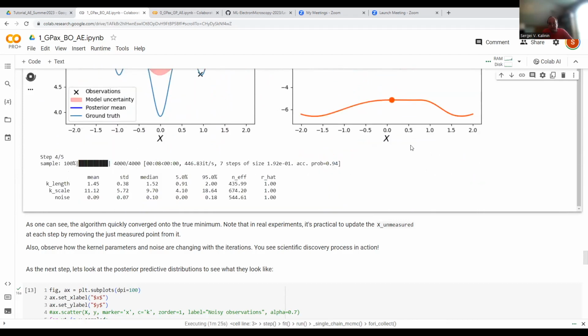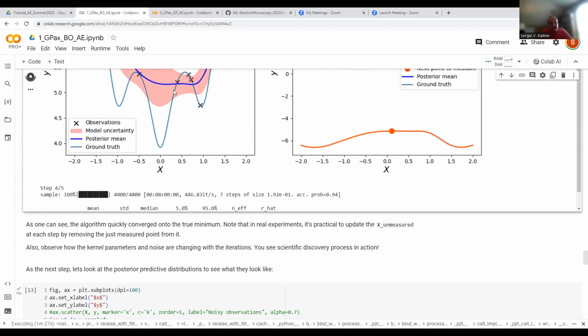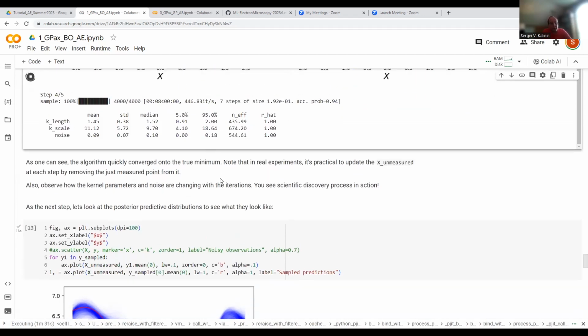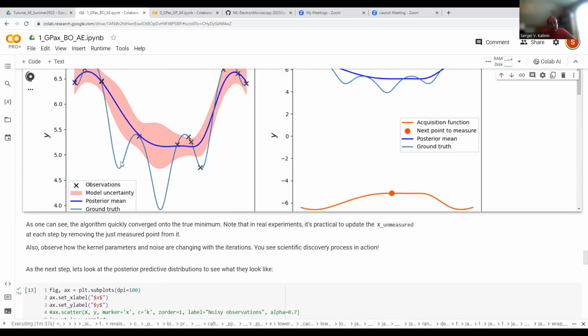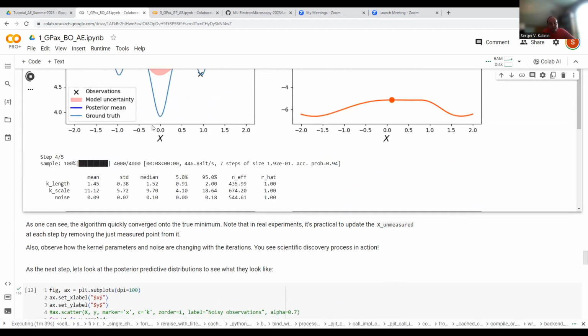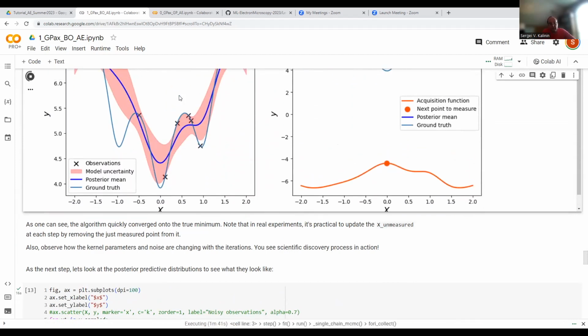Okay, so it looks like in this case, we still discovered the true minimum. But okay, fine. In this case, we got lucky, but again, if the true minimum was this one, we would not discover it. So in this case, it's kind of close.